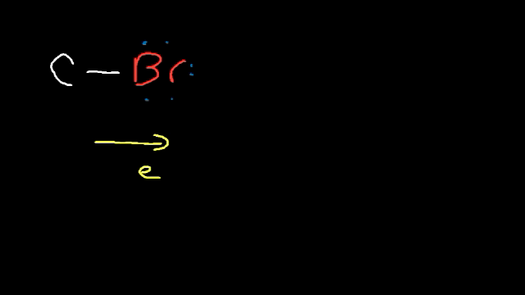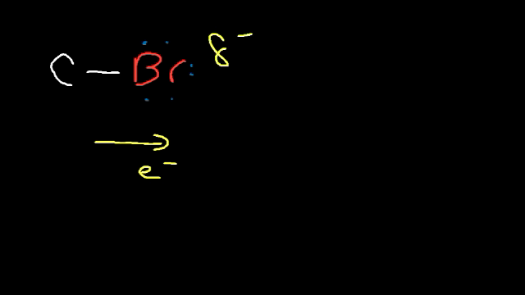Now there's another type of cleavage called heterolytic cleavage, also known as ionic cleavage, because it creates ions. So let's consider the carbon-bromine bond. This bond is a polar covalent bond because the electronegativity between carbon and bromine are not the same. Bromine is more electronegative than carbon, and so bromine pulls the electrons toward itself.